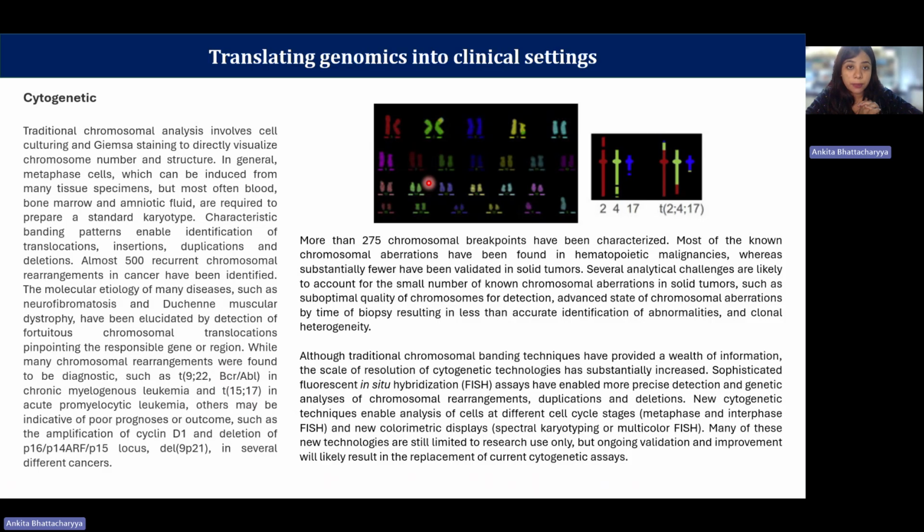Sophisticated fluorescence in situ hybridization, or FISH, assays have enabled far more precise detection and genetic analysis of chromosomal rearrangements, duplications, deletions, etc. New cytogenetic techniques also enable the analysis of cells at different cell cycle stages, metaphase and interphase FISH, and new colorimetric displays, spectral karyotyping or multicolor FISH. Many of these new technologies are still limited to research use only, but ongoing validation and improvement will possibly result in replacement of current assays.